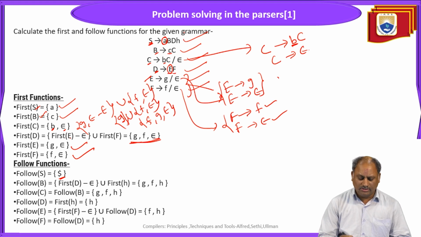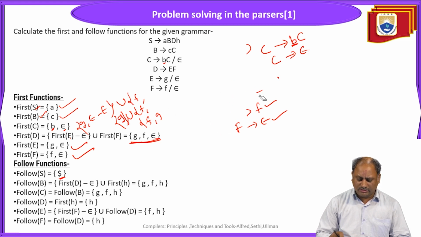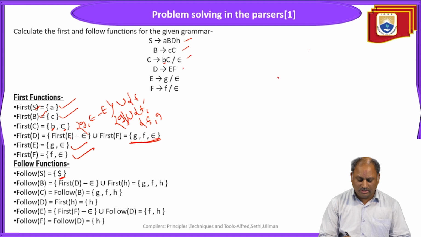Here we have to verify where S appears on the right hand side of the productions. On the right hand side there is no S in this case, so you have to include dollar only. If any other appearance was there, then we would have to calculate that.